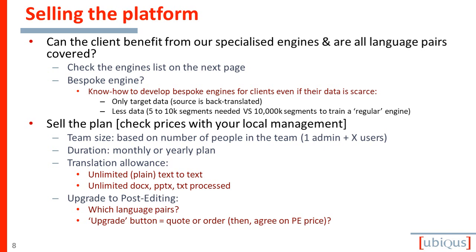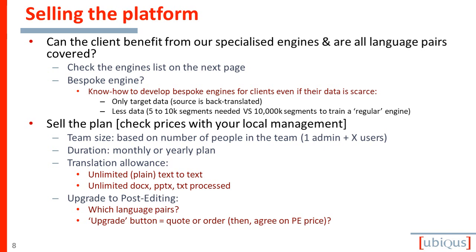So the uTranslate platform would be sold as a plan, depending on the team size, so you need to define a number of people in the team, so that's always one admin and X users. The admin is then the administrator of all the other users. How long do you want the platform to be available to clients for? Is it on a monthly basis, on a yearly plan?